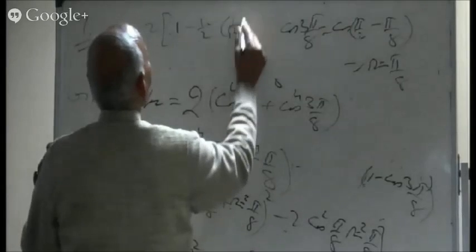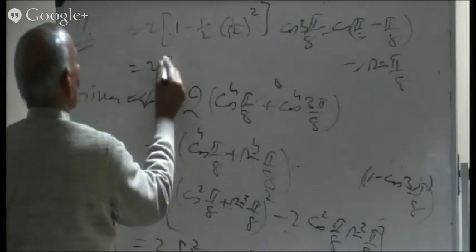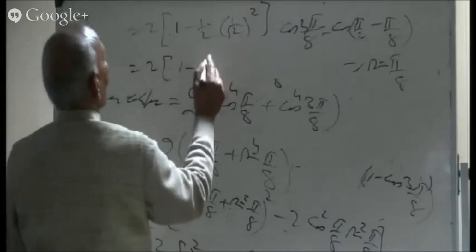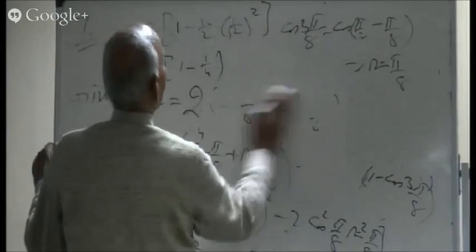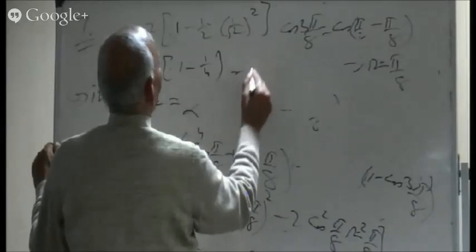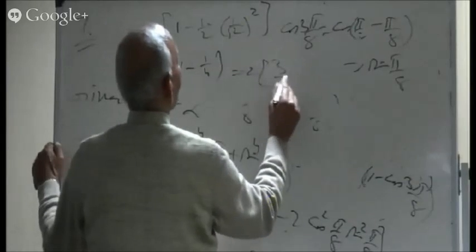That gives us 2 into 1 minus 1 by 4. Is it right? So this is equal to 2 into 3 by 4. So what is the final answer? 3 by 2. So here is the final answer, 3 by 2.